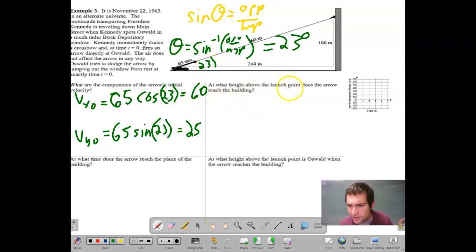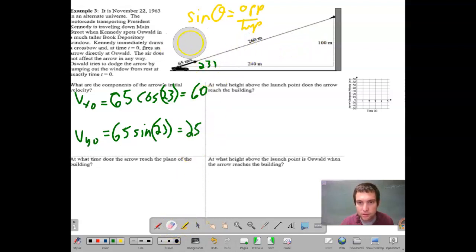At what height above the launch point does the arrow reach the building? All right, so we don't have time. We have the initial velocity. And let me clean up this picture here. We know there is gravity, so we know the arrow, once it's launched, is going to be taken over by gravity.